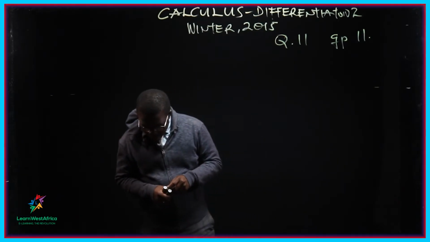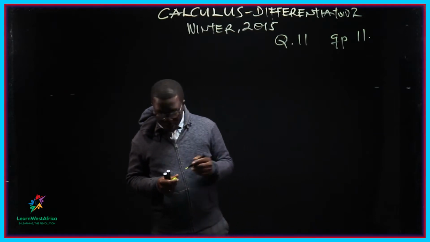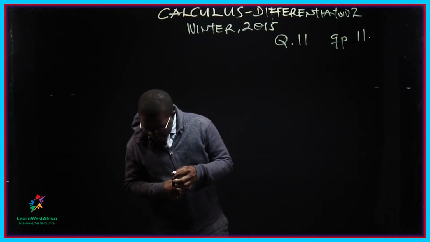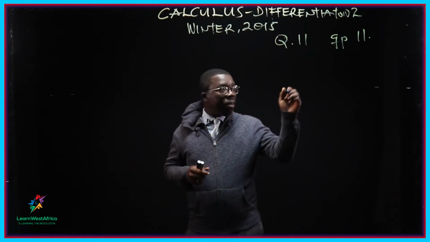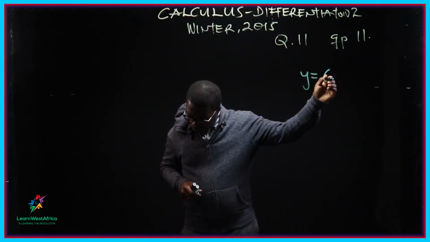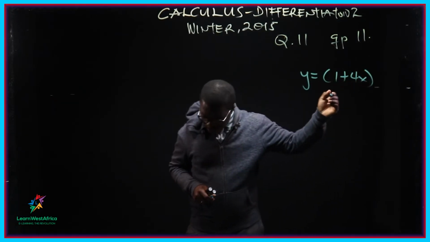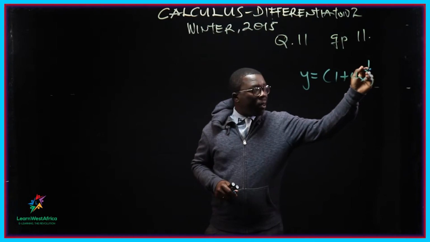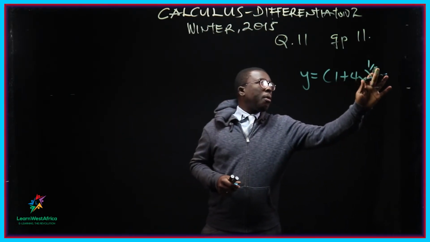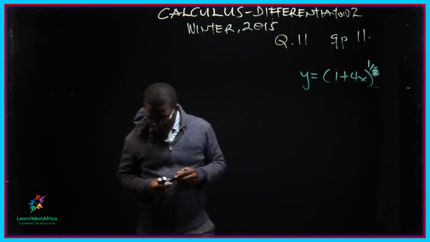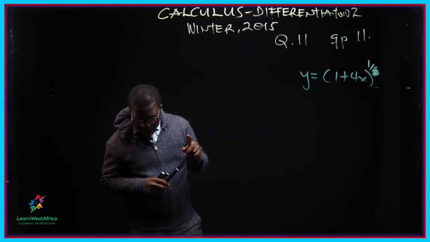We are saying that part of the curve is y equals (1 plus 4x) to the power 1 over 2. Let's correct that. There's a point P (6, 5) lying on the curve.